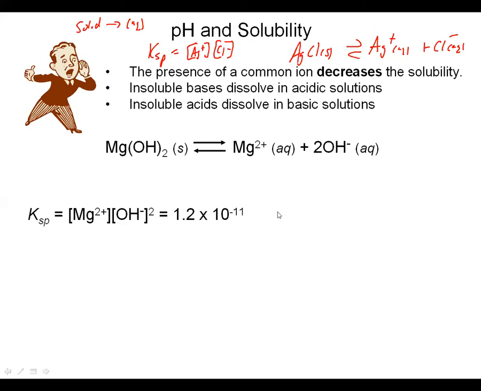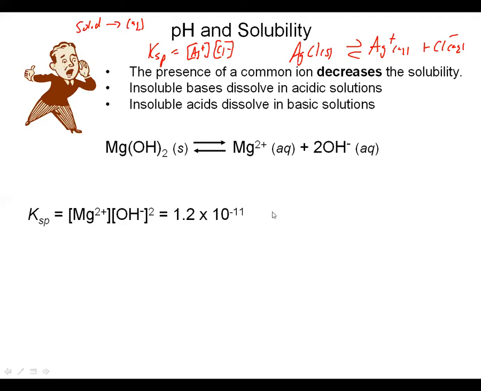Because these things are typically insoluble, that usually means, as we saw last time, that our Ksp values are very small values. And like a normal K value, if you have a small value, you mainly have reactants at equilibrium. So for the most part, these things are insoluble. But as I mentioned last time, even though something is technically insoluble in terms of solubility rules, everything has some degree of solubility.